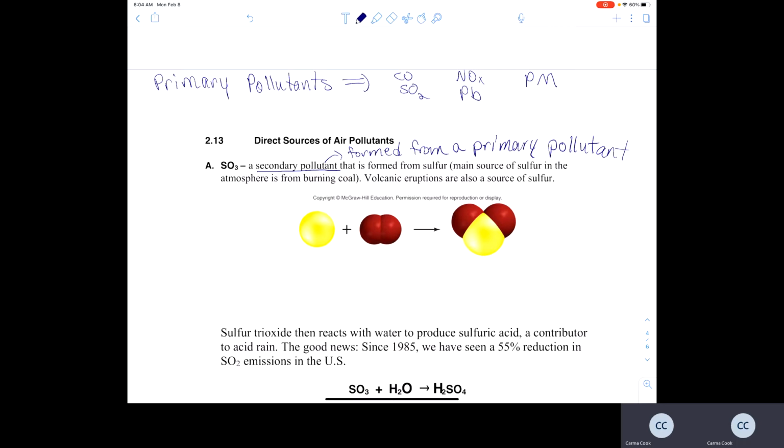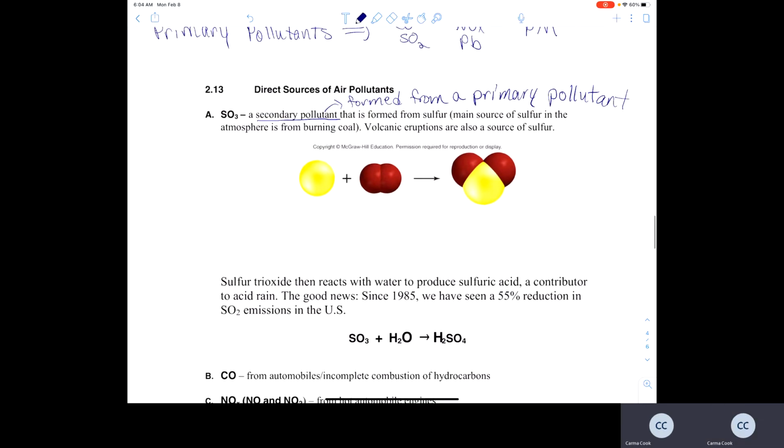So sulfur trioxide, SO3, is a secondary pollutant, and it's formed from SO2. So here you have sulfur and you have O2. They react to form SO2.